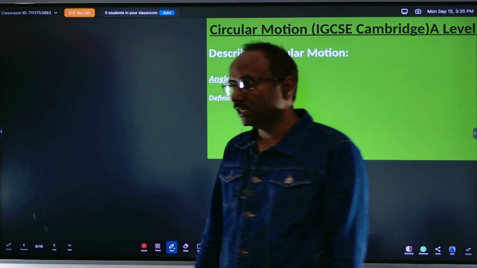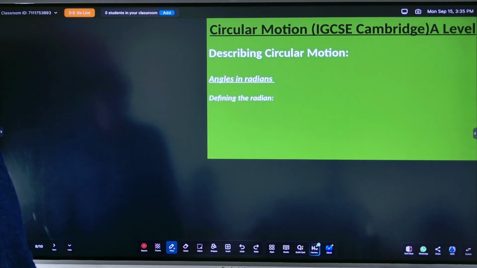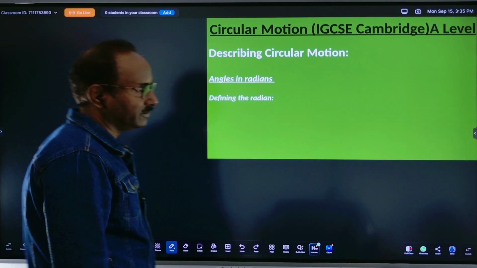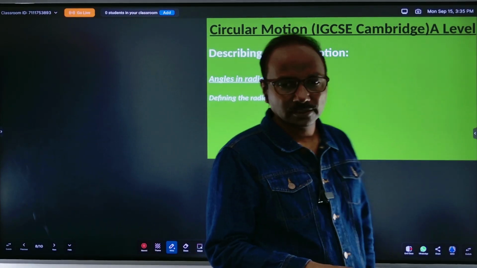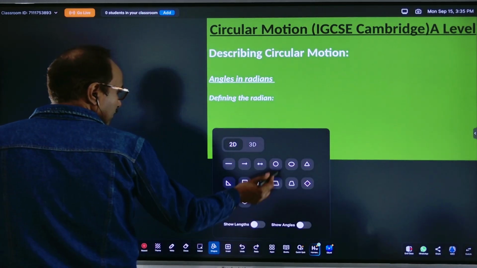Now defining the radian, we have already discussed, but defining the radian in terms of degrees, we can proceed like this.